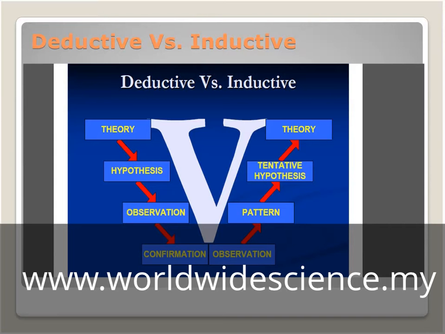And if you start your research with observation, it means that you know something that is true, and then you want to make it general, make it a theory, so you should follow the process of observation, then pattern, then hypothesis, then theory. Just keep this slide in your mind.